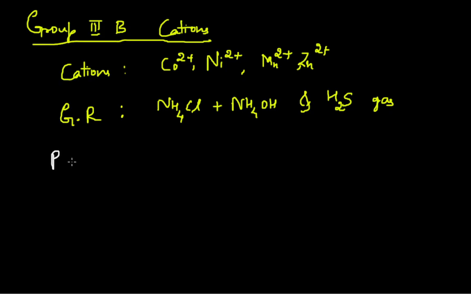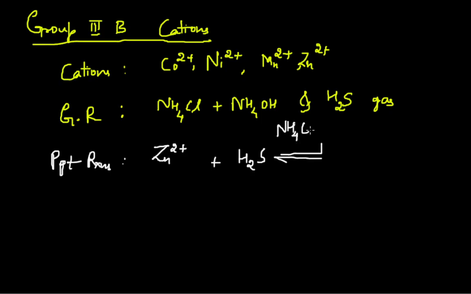What are the precipitation reactions? So Zn2 plus reacts with H2S in presence of NH4Cl plus NH4OH to give zinc sulfide plus H plus, nickel 2 plus.